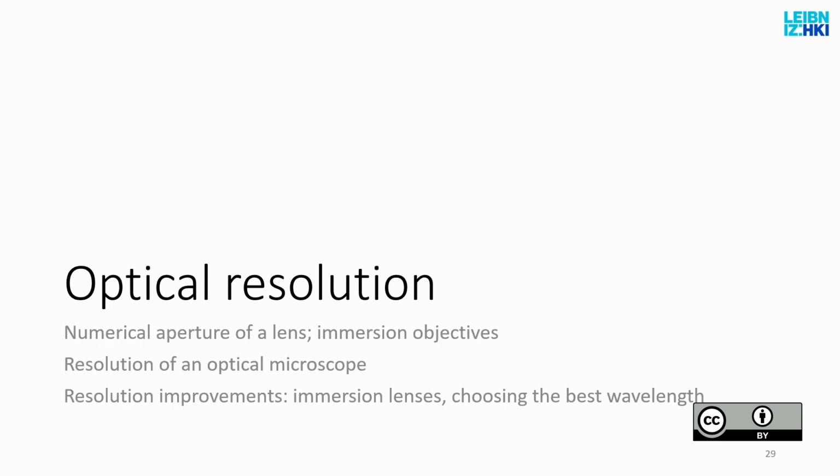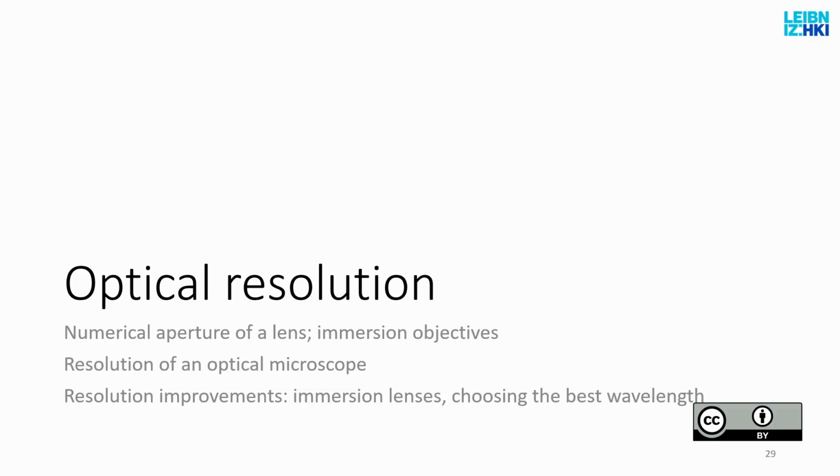And this leads us to the most important, by far, the most important parameter of an optical system, namely the optical resolution. And what does this mean? This means that the goal of a microscope is to magnify tiny objects so we can see them, because we cannot see them with the naked eye.